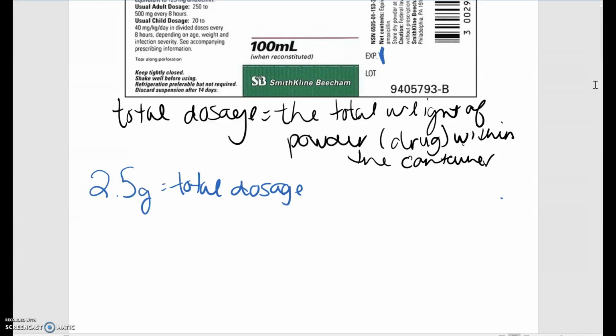The question is, if it's not on the label and you have to determine what the total dosage is, how do you do that?